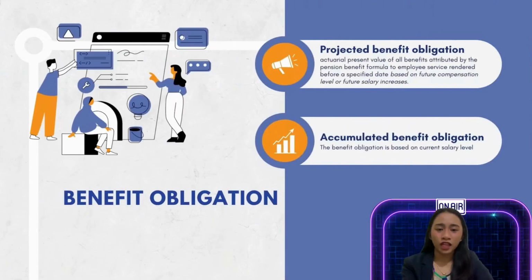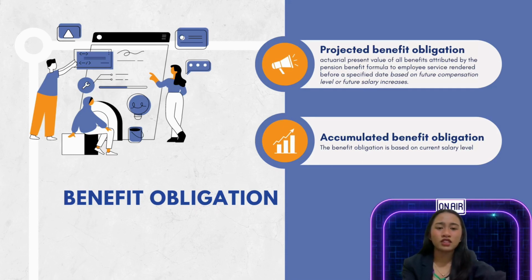Projected benefit obligation is the actuarial present value of all benefits attributed by the pension benefit formula to employee service rendered before a specified date based on future compensation level or future salary increases. So, ang actuarial present value ay, ang nagko-compute nito ay ang mga actuarian at hindi ang mga CPA.